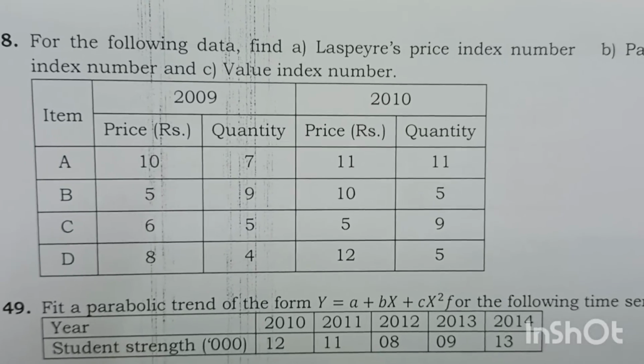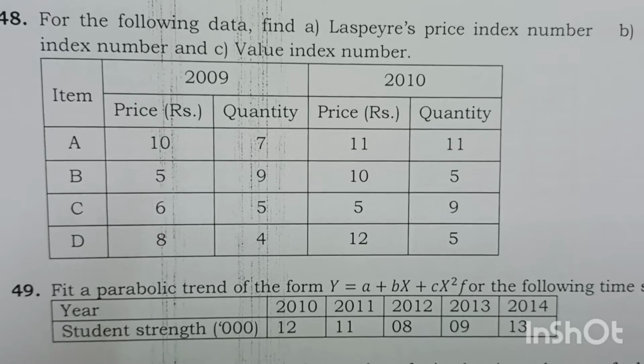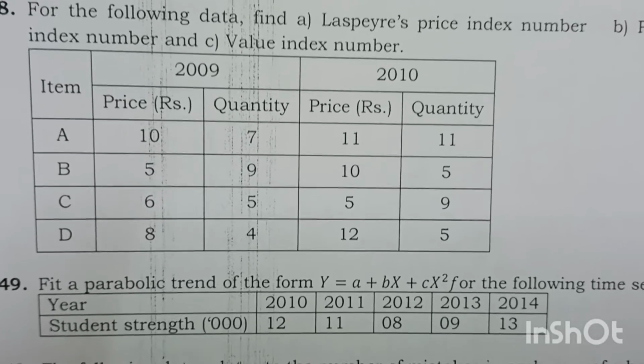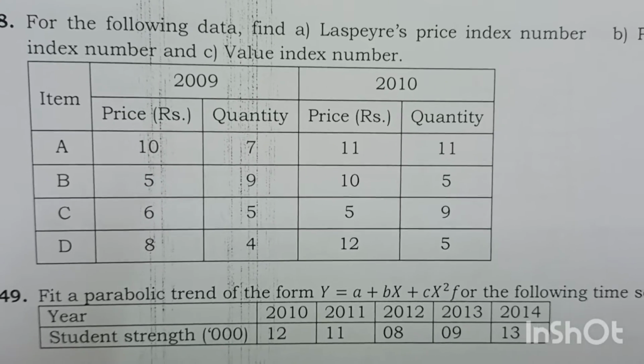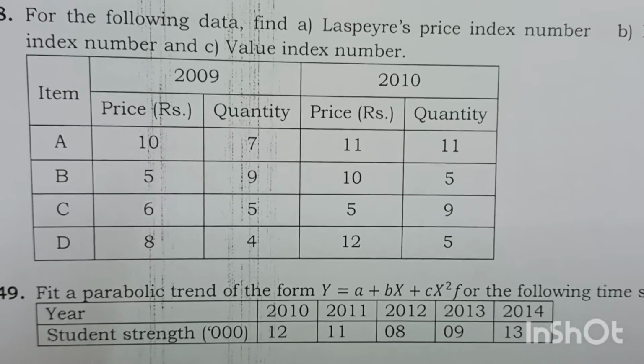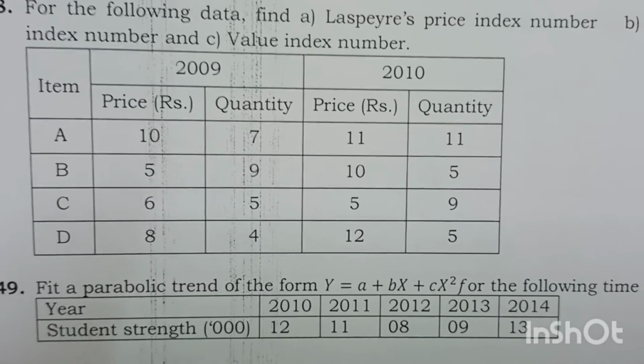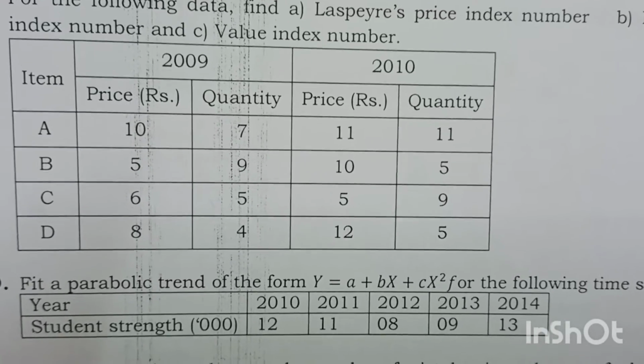Okay students, here the data given is a table. Items are commodity A, B, C, D. 2009 price and quantity, 2010 price and quantity. 2009 is the base year; price and quantity they have given, that is small P0 and small Q0.